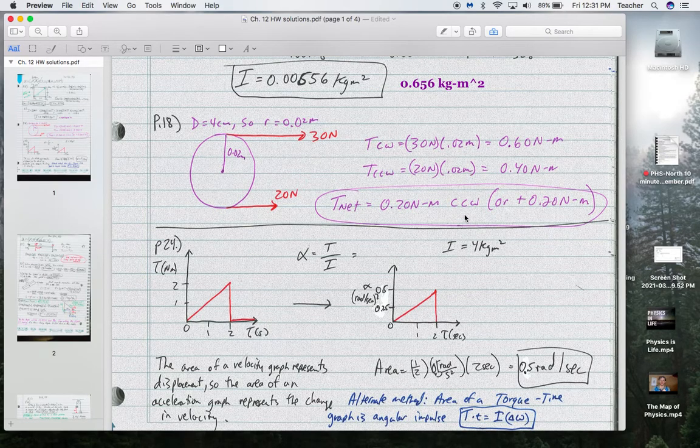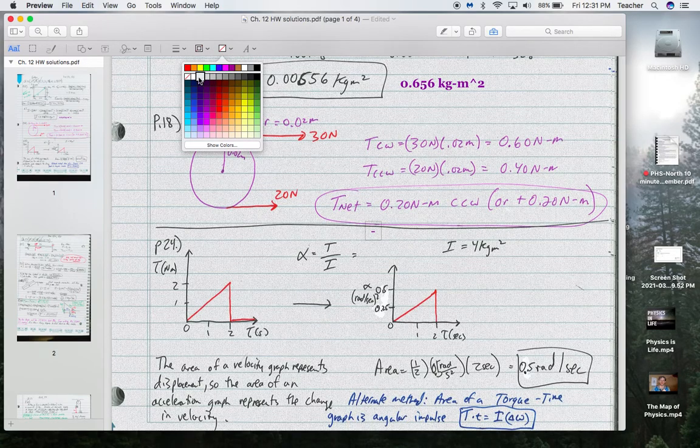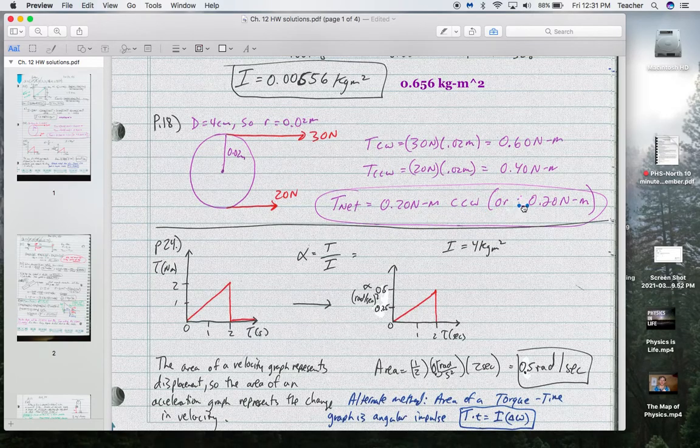No, that's clockwise torque, and so that is negative. I need to fix that. I'm going to put that as a negative sign, and then the background color is going to be light gray, so you'll never know that I screwed up.